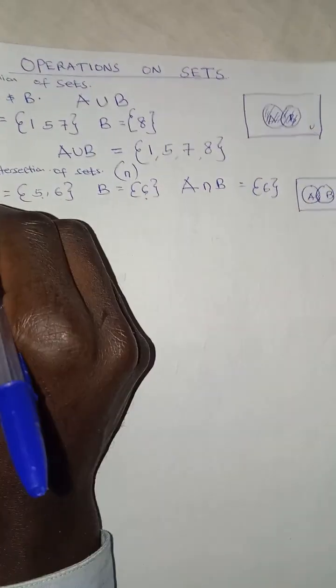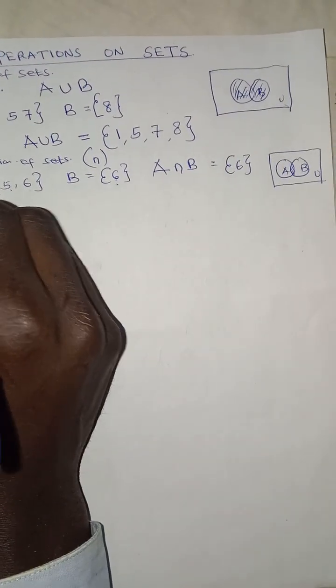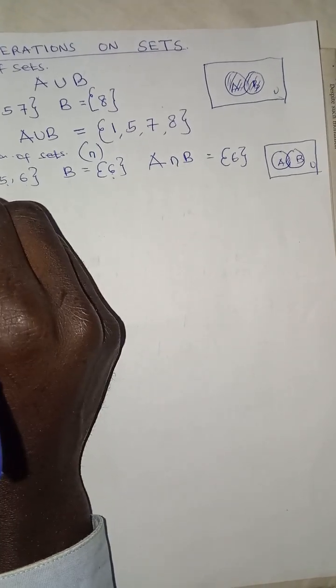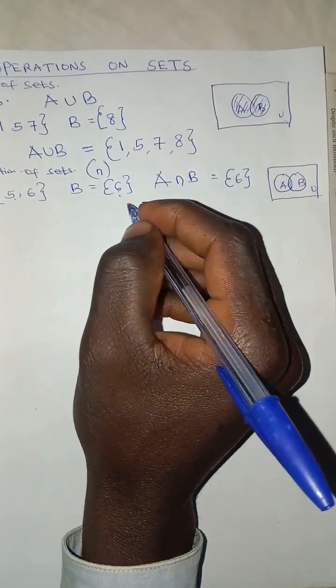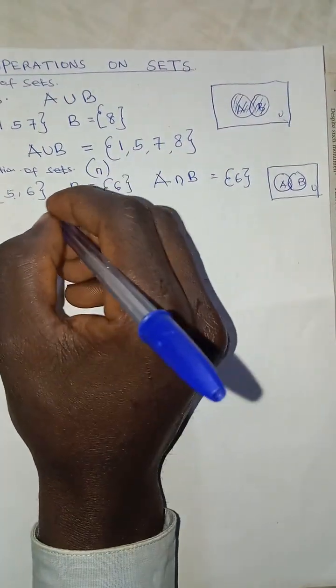Then we have another operation on sets. But before we go to another operation, what if we have the first example?